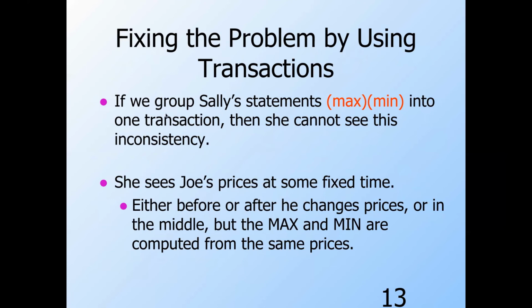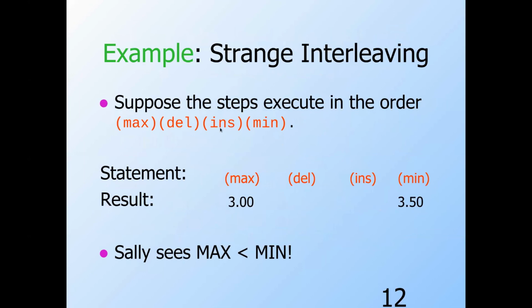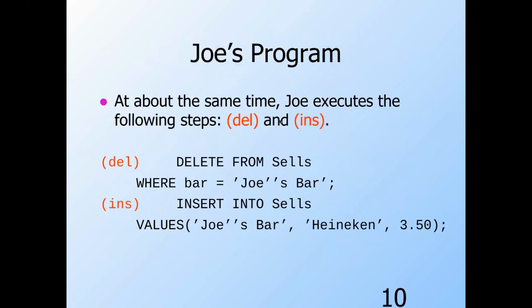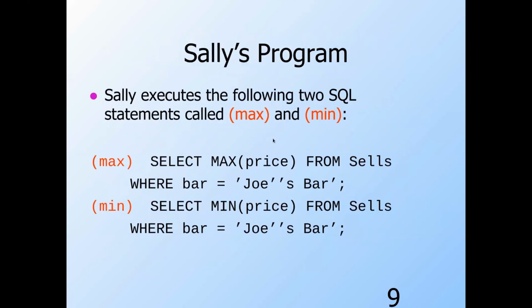And Joe's is also going to be one transaction. Then basically, if they're transactions, there are two possible schedules that would make sense in this case.